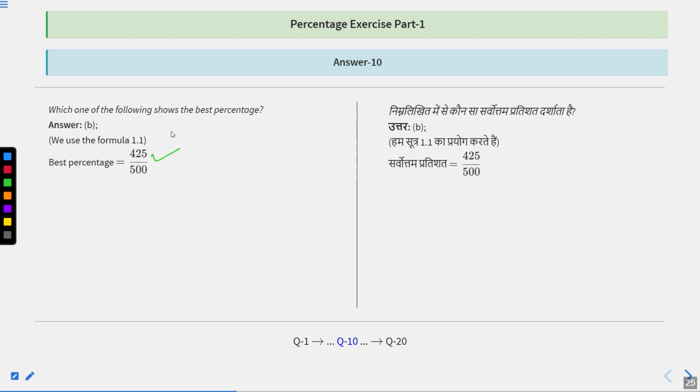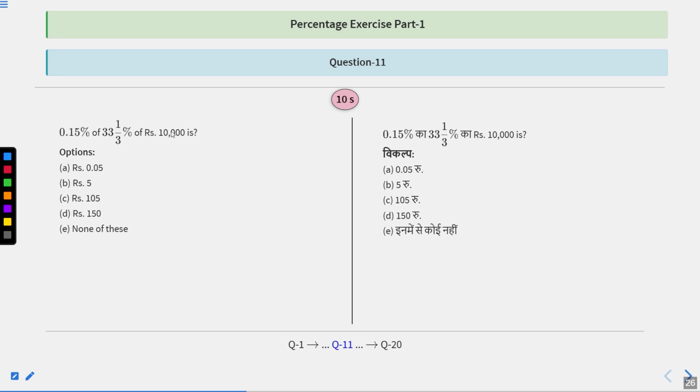Now next one. 0.15% of 33.5%, 33 and 1 by 3% of 10,000 is. You have 5 options. Try to solve it. You have 10 seconds. Your time starts now. Now time has been completed. Let's see the answer.